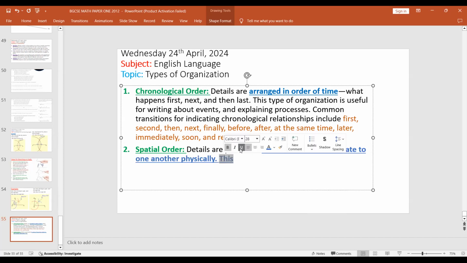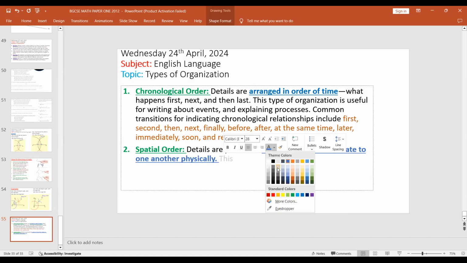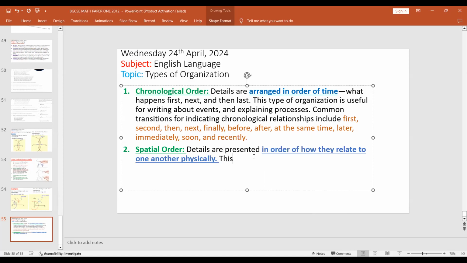Let's say you're trying to give directions to your house, or to your school. What would you say? Your school is opposite the Chinese. Your school is next to the gas station. Your school is near the roundabout, right? So that's spatial order. You're talking about how this thing relates to something else within its space, right?